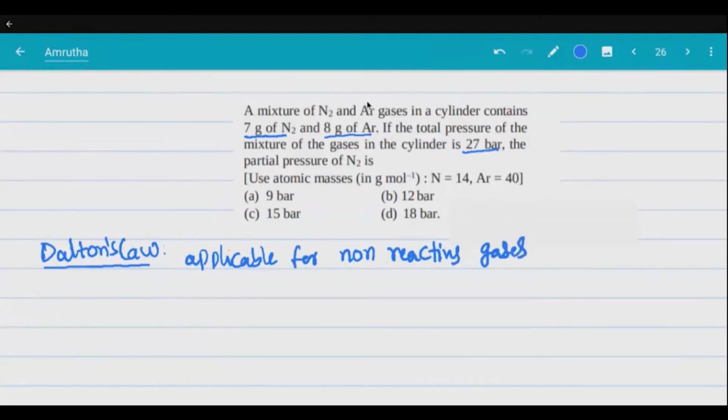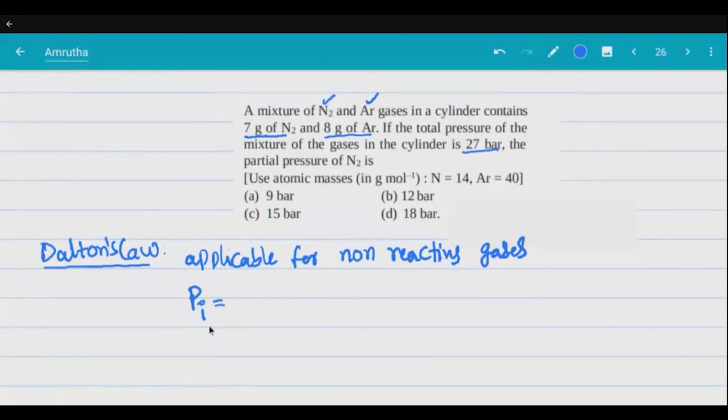Okay, so now argon and nitrogen, we already know, are they reacting? No, they don't react. So Dalton's law is very simple. Partial pressure of any gas, suppose the ith gas. I'm not taking X because X is used for mole fraction, and I can't take P or Q because P is already used for pressure.